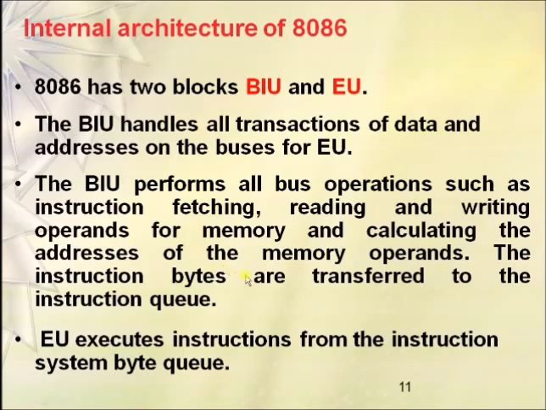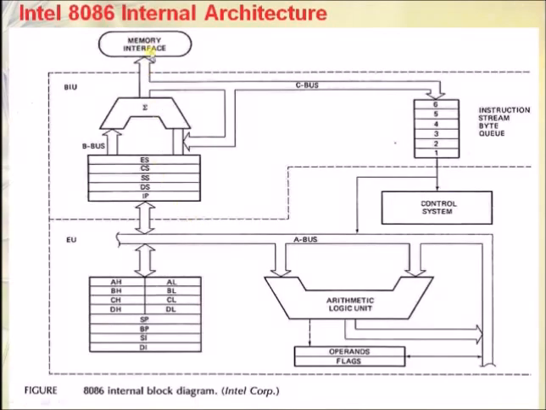Now let us see what this BIU actually performs. BIU is mainly responsible for handling the transactions with the memory device. Initially, the segment registers along with the pointer registers as well as index registers generate an address.